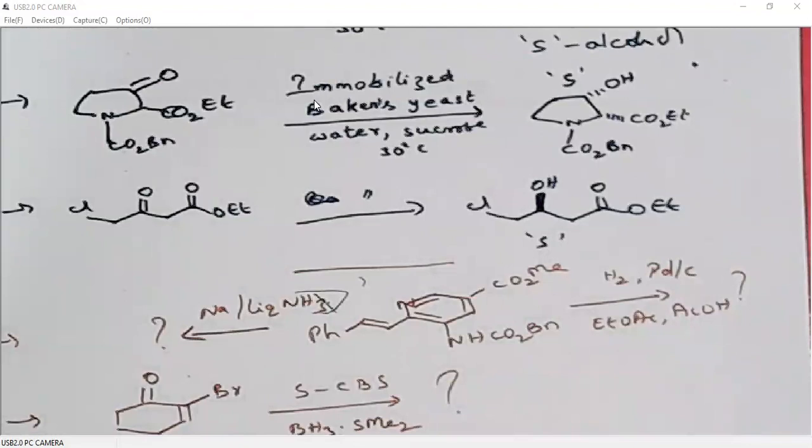Here, what is the large group, what is the small group, and whether the large group is on the right side or left side, that's what you need to identify. Then you can write the product. If you have any doubts, I can answer.